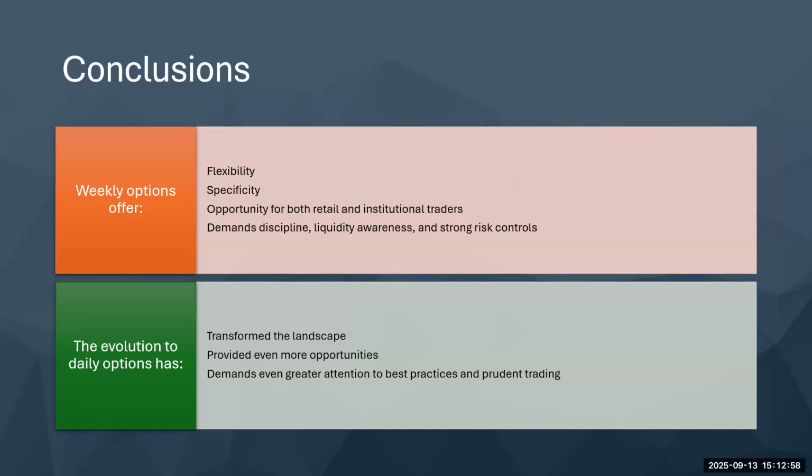You want to be aware of liquidity and make sure you have fine open interest. This goes for all trading: you want strong risk controls because you don't want to get wiped out on any one trade. I like to say no allocation of more than 3% of your account value to any one trade, and even less than that when you're doing weekly options.